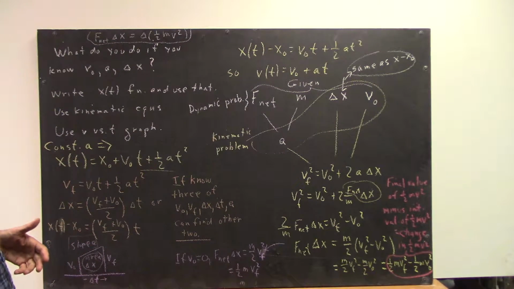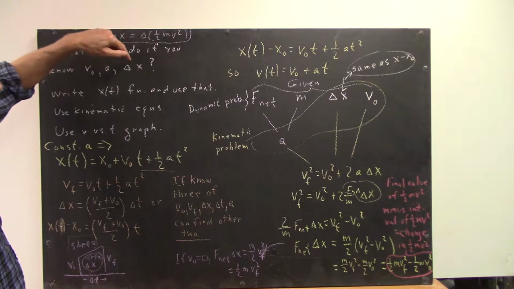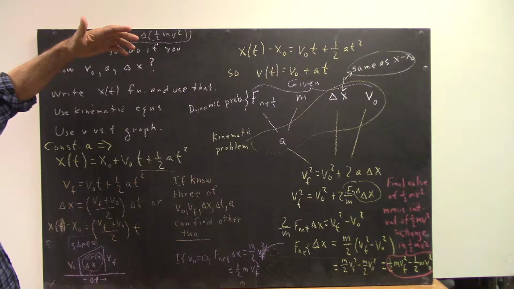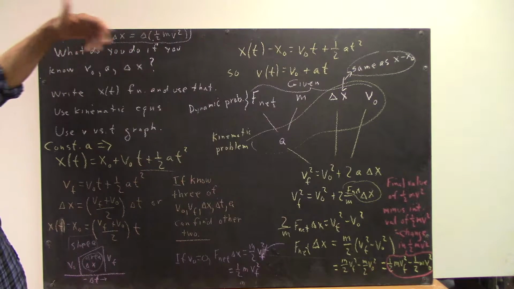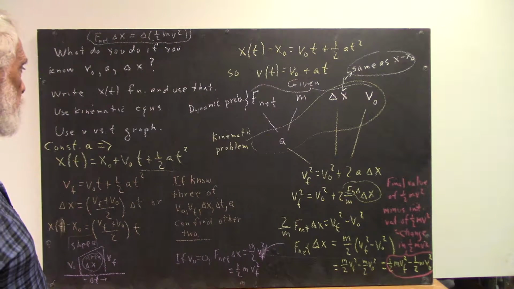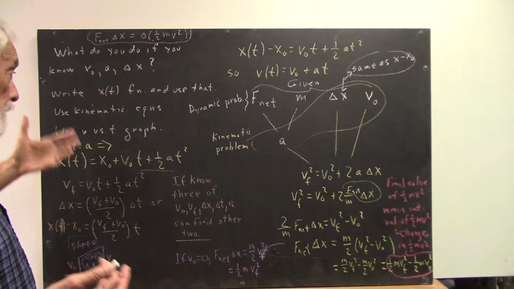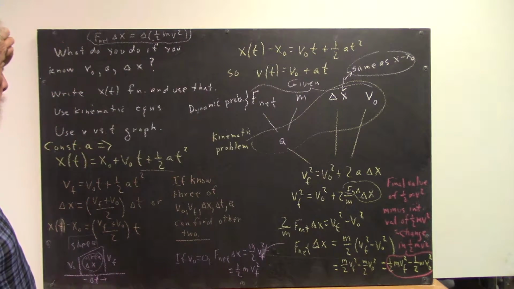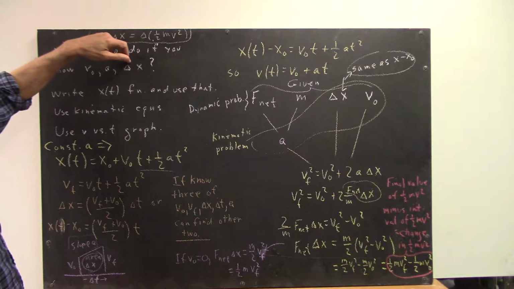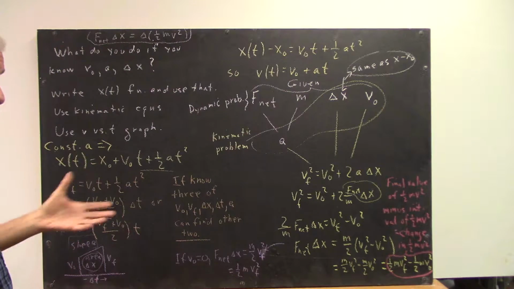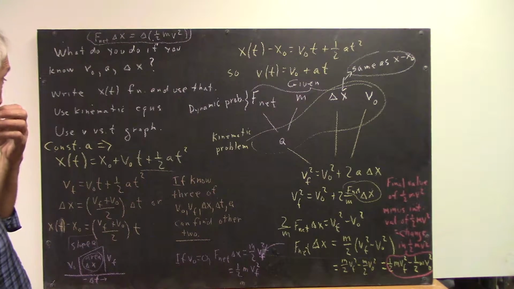You have the displacement, the delta x. And actually what you probably have is x0 and x, so x minus x0, your delta x and all that stuff. You have a fairly simple scheme in the kinematic equations.